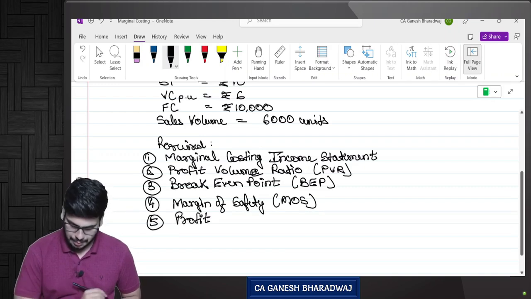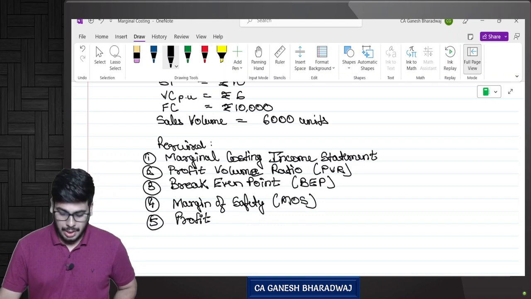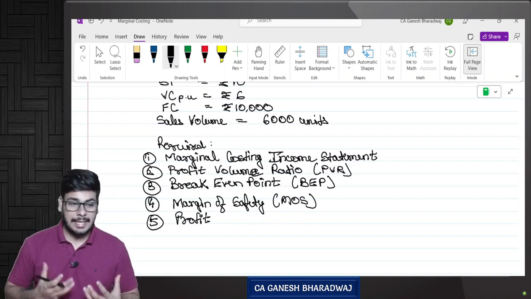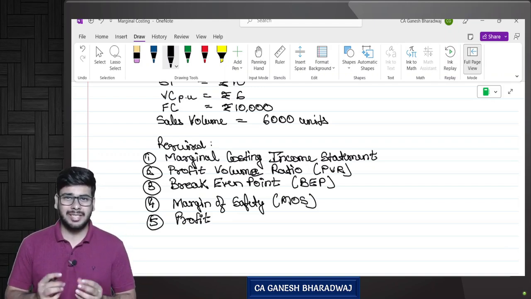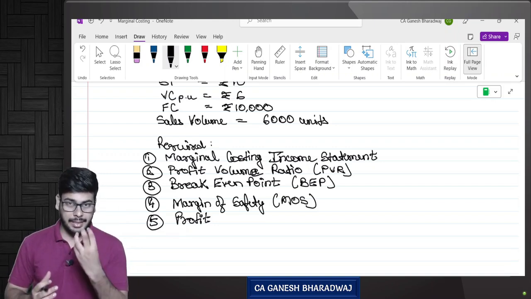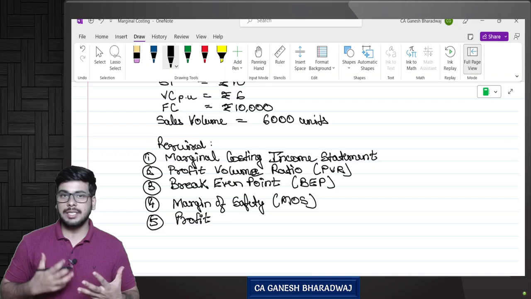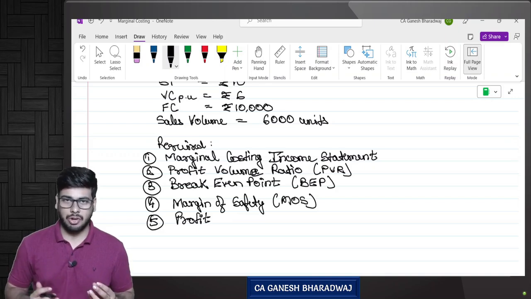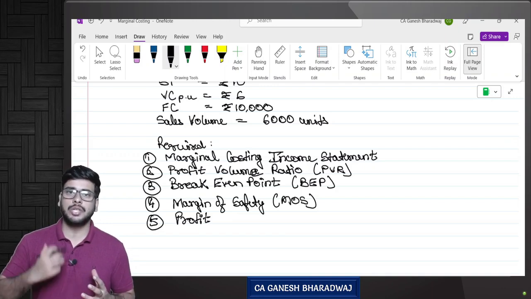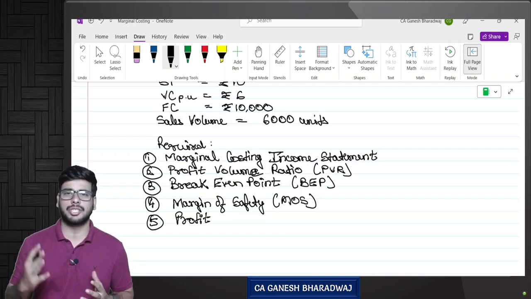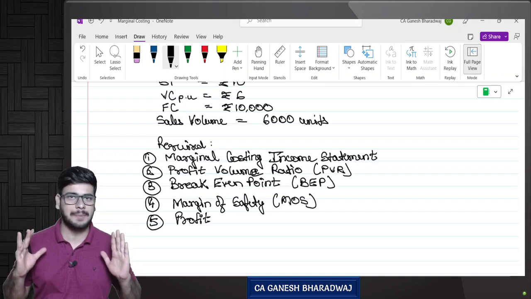Number 5, profit. So now we are going to understand the basic concepts of marginal costing using this particular example. Now don't take this just as an example to solve it. No, we will take this example as a tool to understand the basic concepts of marginal costing. Let us spend more time here on the basic concepts so that throughout this chapter, it's going to be very, very easy, right?